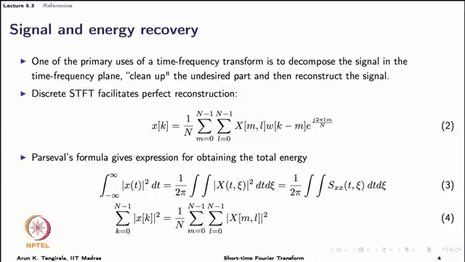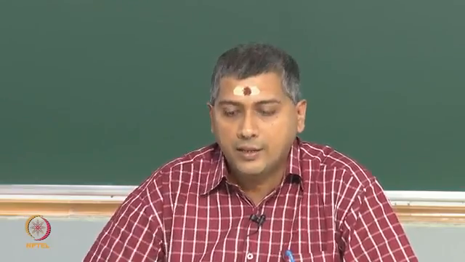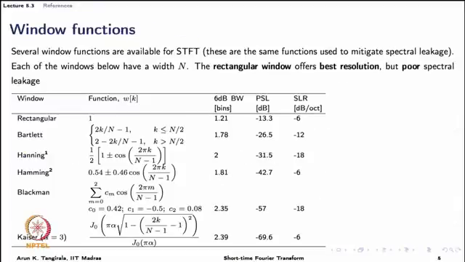It is just that we should be guaranteed that the discretization does not spoil the signal and energy recovery properties of the continuous time short time Fourier transform. These are very important when you want to perform filtering using the short time Fourier transform or discrete short time Fourier transform. Now, let us move on to the discussion on window functions.